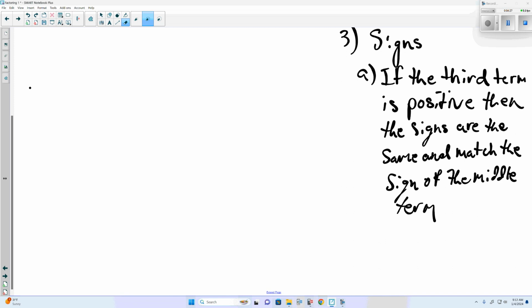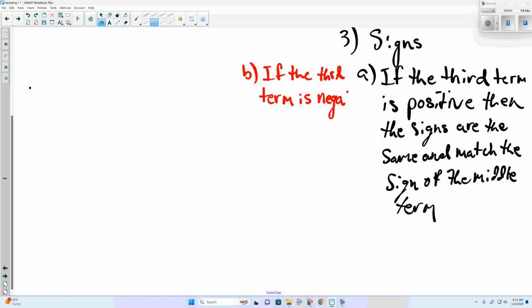If the third term is negative, our signs are opposite.